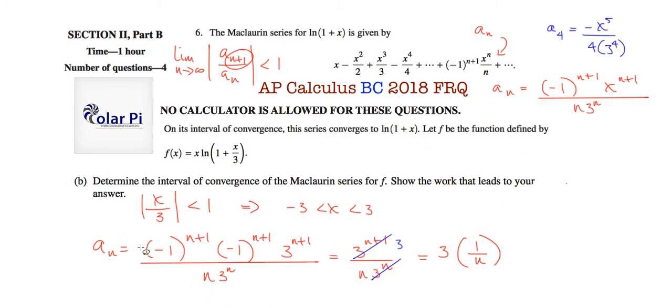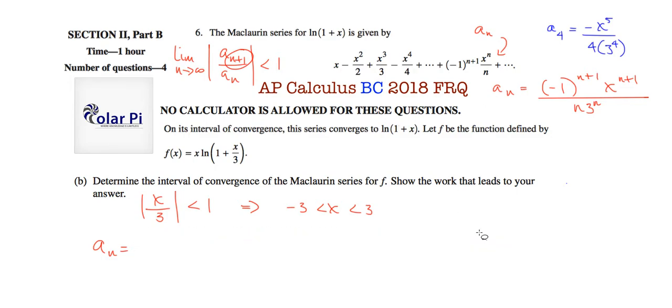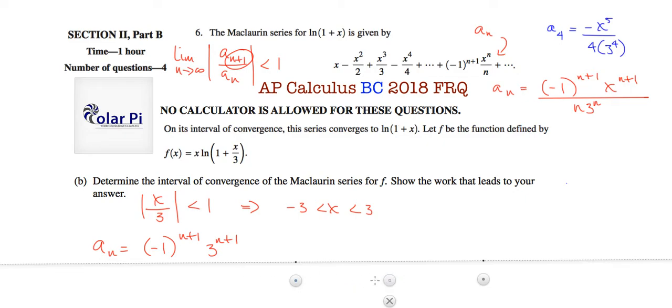Okay? All right. So we do kind of a similar thing, but this time for x equals 3, and then we'll be done with part B. So when x is equal to 3, we'll have (-1)^(n+1), and then 3^(n+1), and then divided by n times 3^n, right?